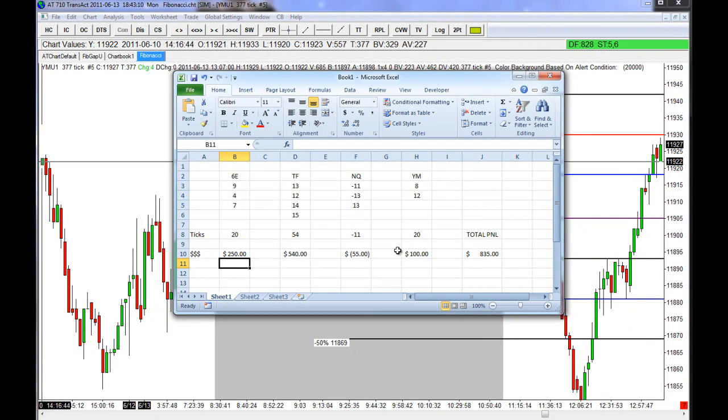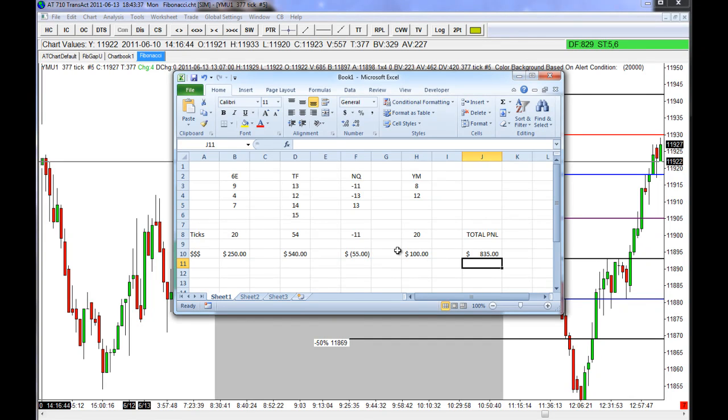Okay, so that means in the 6E, since each tick is $12.50, you would have a total profit of $250, total profit of $540 on the Russell, since it's $10 a tick, $5 a tick on the NQ, loss of $55, and $100 on the YM, since it's $5 a tick.